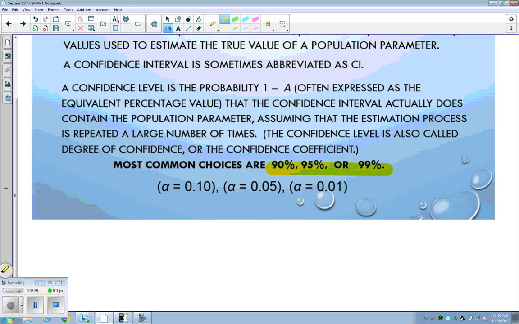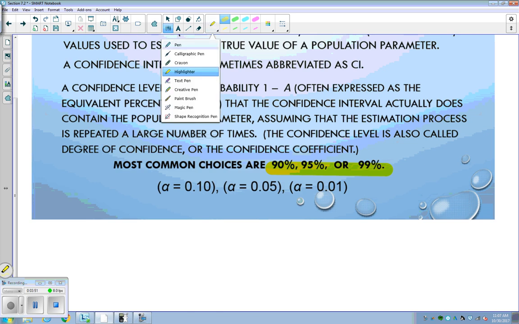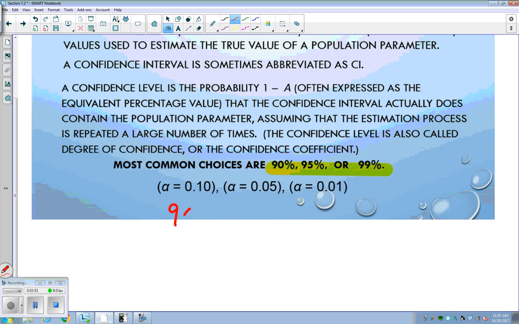So alpha being 0.1, 0.05, and 0.01. This is a 90%, this is 95% and a 99%. That's my confidence level, the degree of confidence.